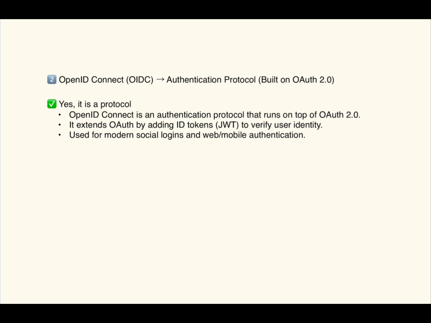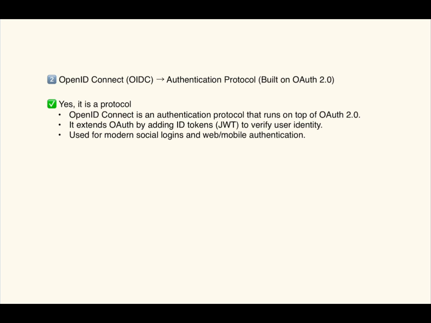Similarly, the same thing happens in OpenID Connect. Now, as we have discussed in our previous video how SAML works, here also I will try to explain how OpenID Connect works.